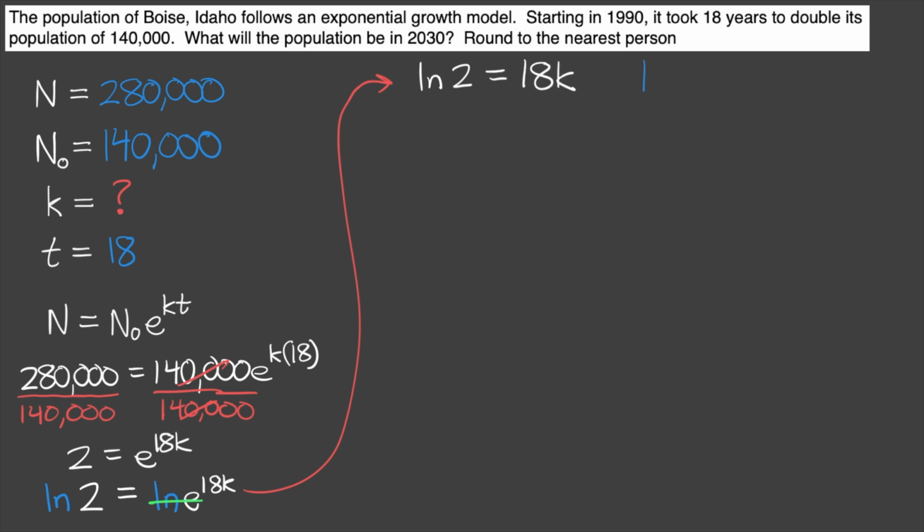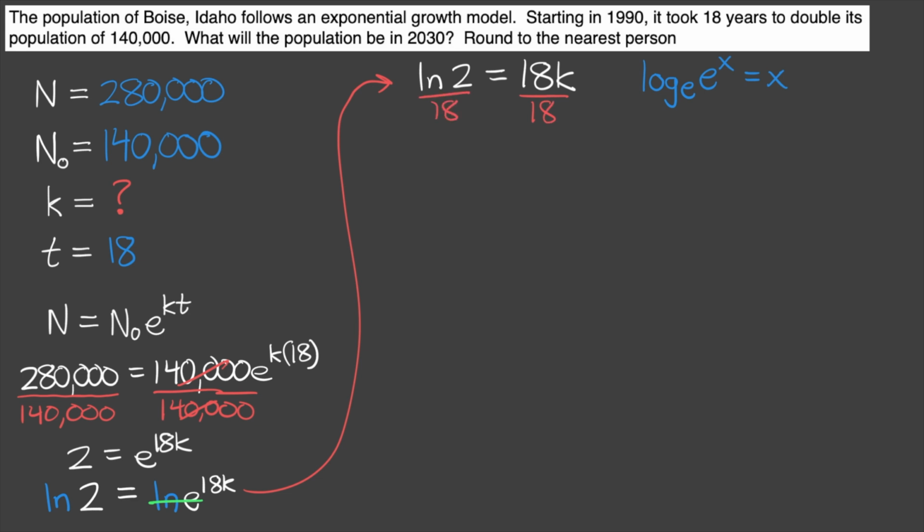And the rule we use for that, as a reminder, is log base e of e to the x, whatever x is, just equals x. And we can say that because the base and the argument are the same. So whenever the base and the argument are the same, they just cross out and it equals the exponent here, which is x. All right, so now we're almost there. We just need to solve for k. So we're going to divide both sides by 18.